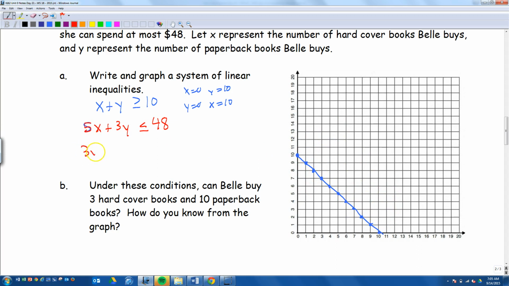And then we have here 3y is less than or equal to 5x plus 48. y is less than or equal to 5/3 x plus 16. Okay, so if I want to graph this, I start at 16, and then I go down 5, over 3, down 5, over 3, down 5, over 3, and there's the point that they hit, and that's it for this line.